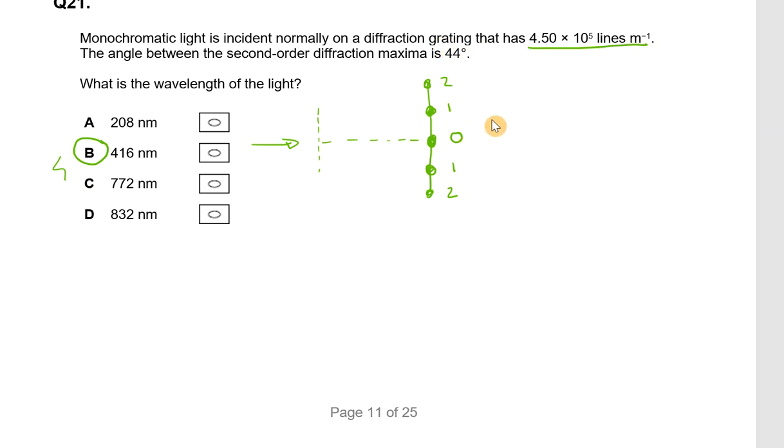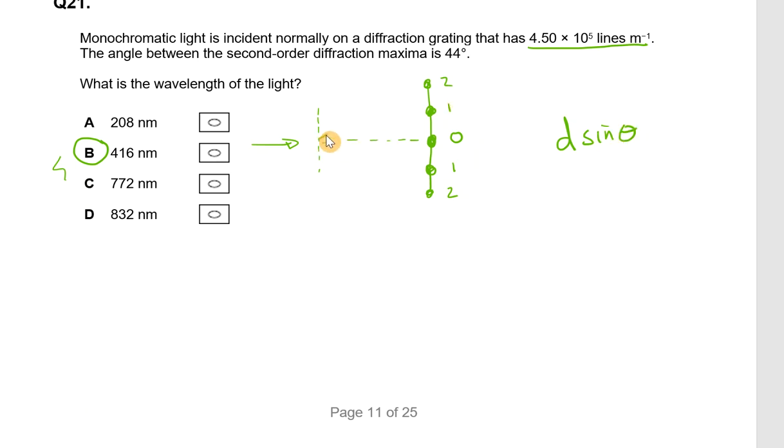Okay, so the equation we're going to use is from your data sheets. It is d, which is the spacing not between the fringes, between the gaps in the grating, times sine theta.